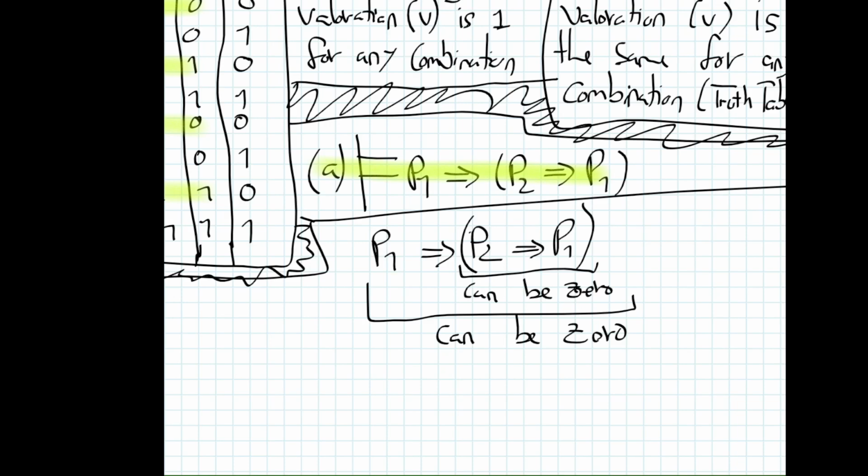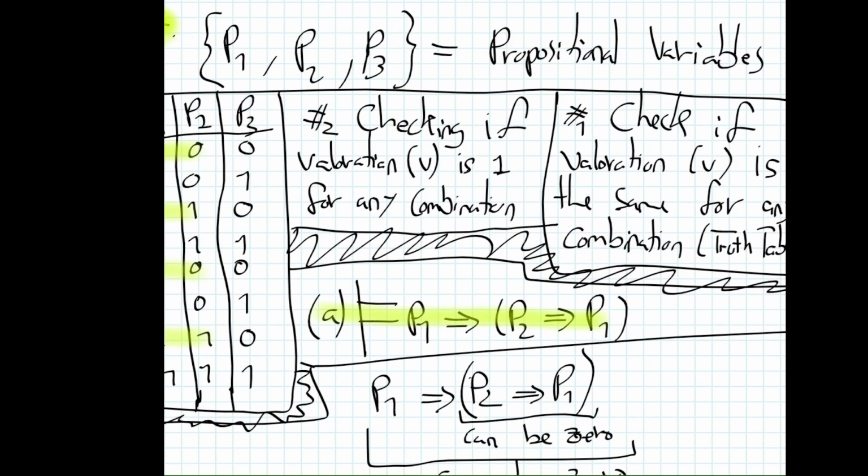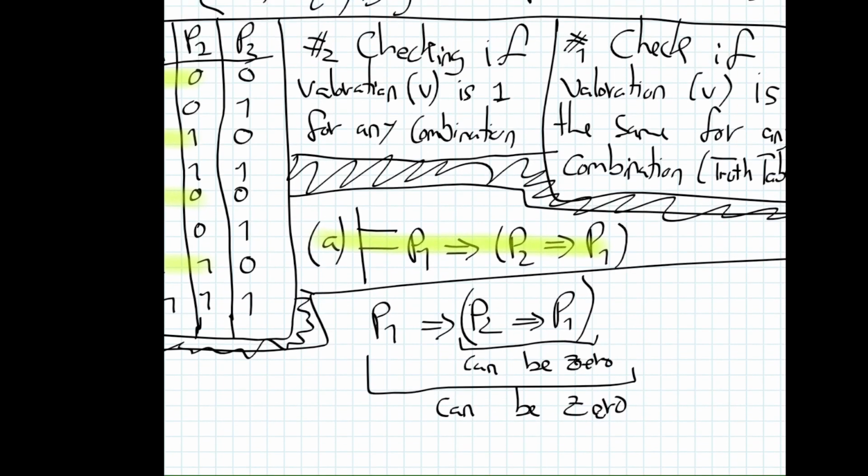and therefore we've made a mistake. I've made a mistake because I evaluated this part independently of this part.